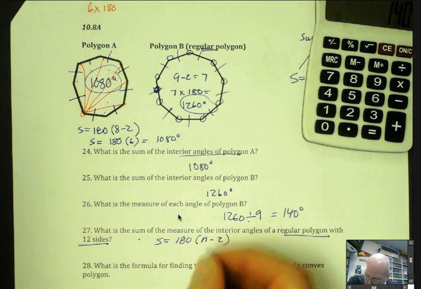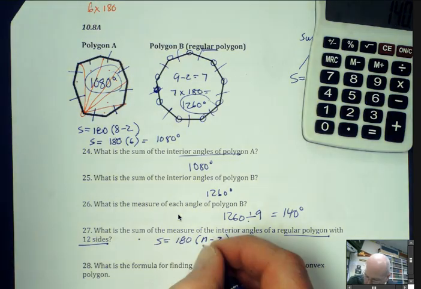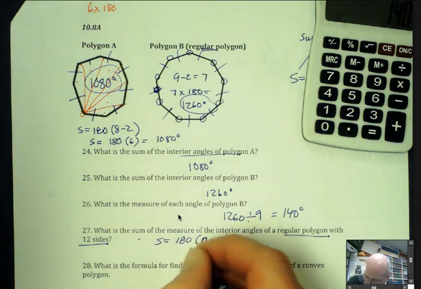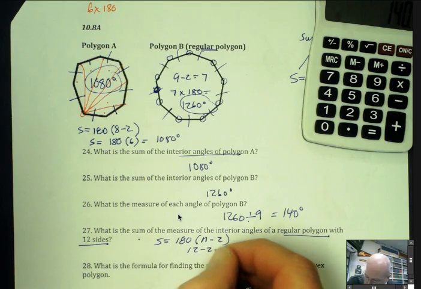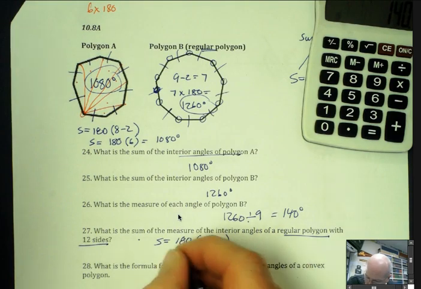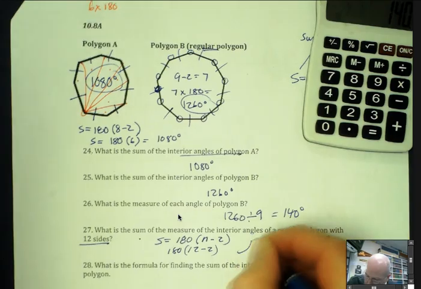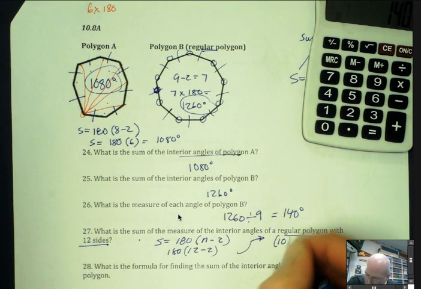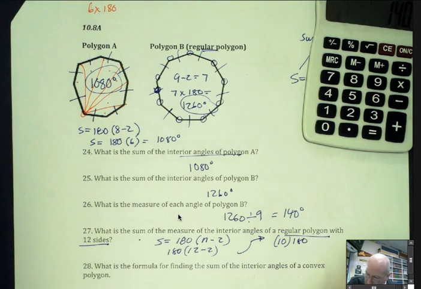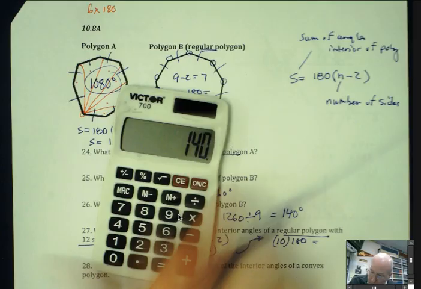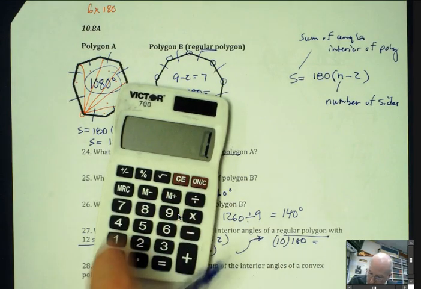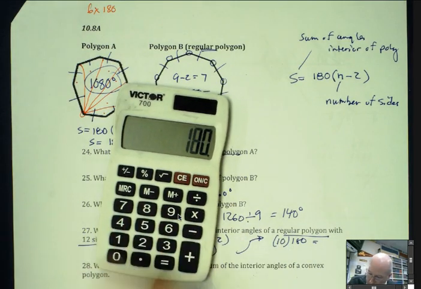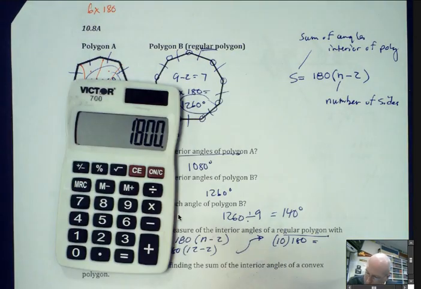I can just substitute that in. 12 minus 2 is 10. And we're going to take that times the 180. It's pretty simple if you think about it. 10 times 180, you got 1800 degrees.